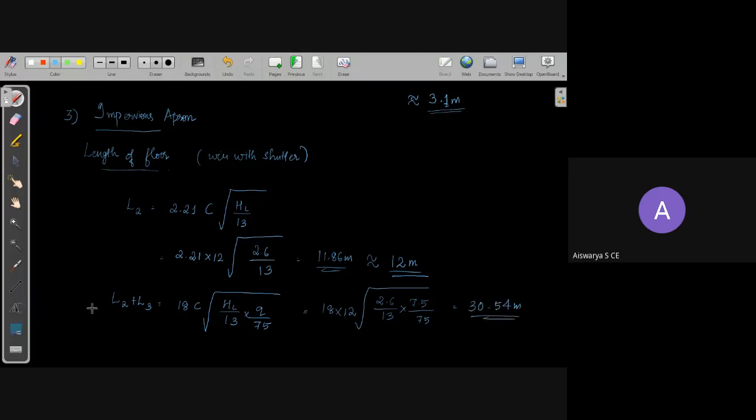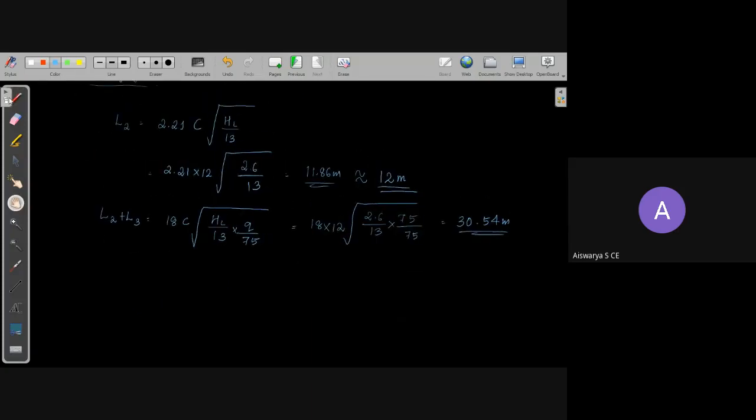Already known what is L2. Now from these two data you can get L3. L3 equals L2 plus L3 minus L2. So 30.54 minus 12. How much is L3? 18.687 meter.